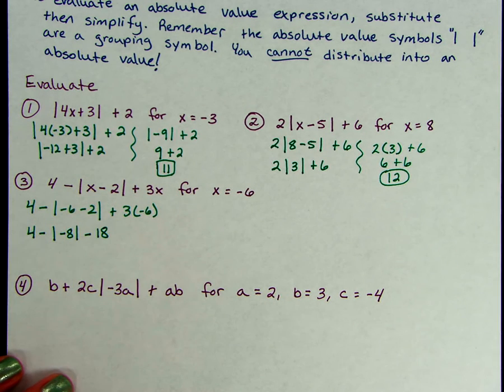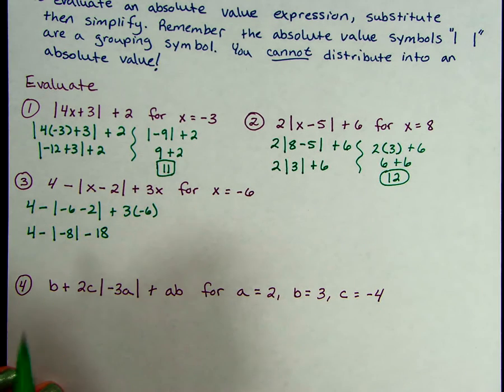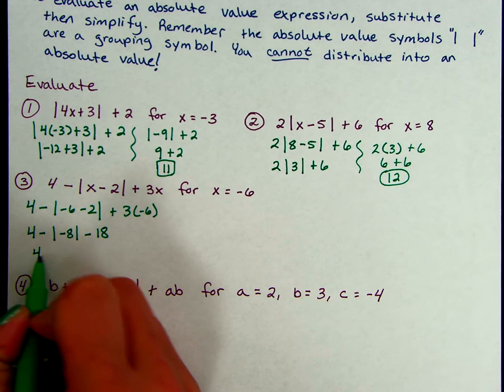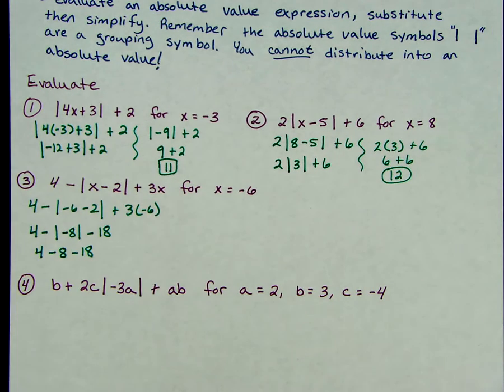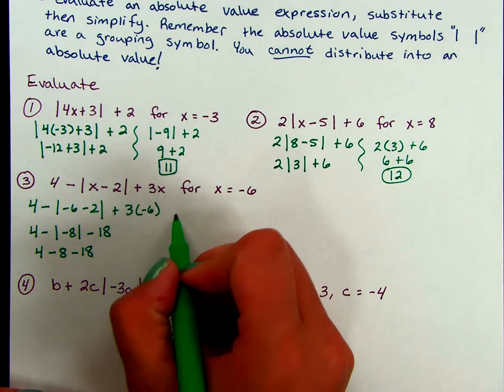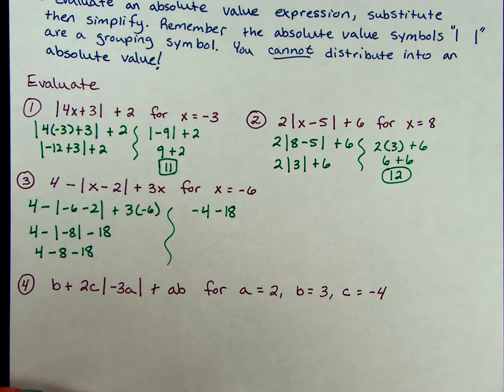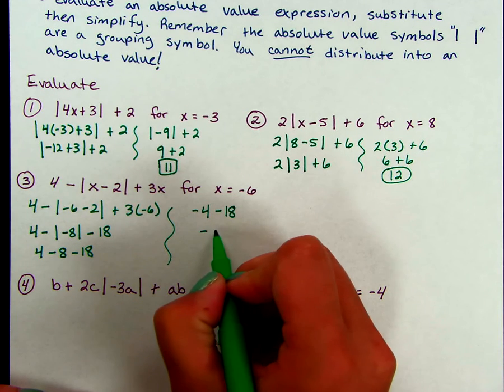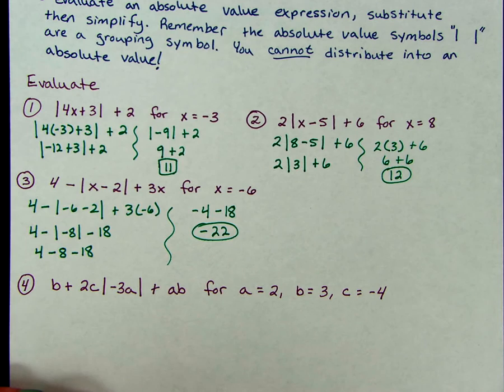So next thing we have to do is simplify our absolute value. So again, this is asking how many units is -8 away from 0, and the answer to that is 8. So this now becomes 4 minus 8 minus 18. And then we're just combining from left to right. So 4 minus 8 is -4, minus 18 is going to be -22 as our final answer.